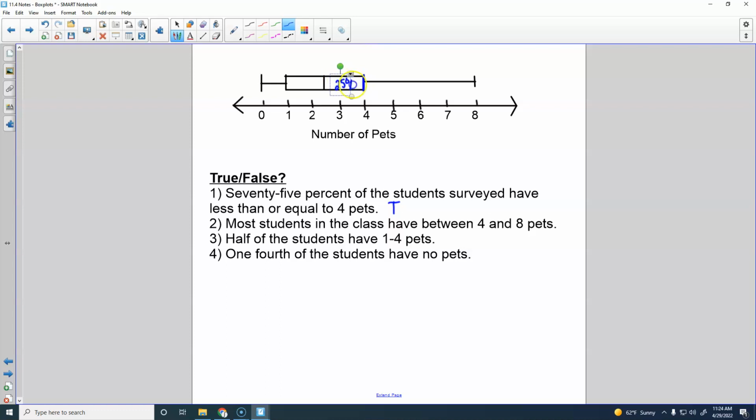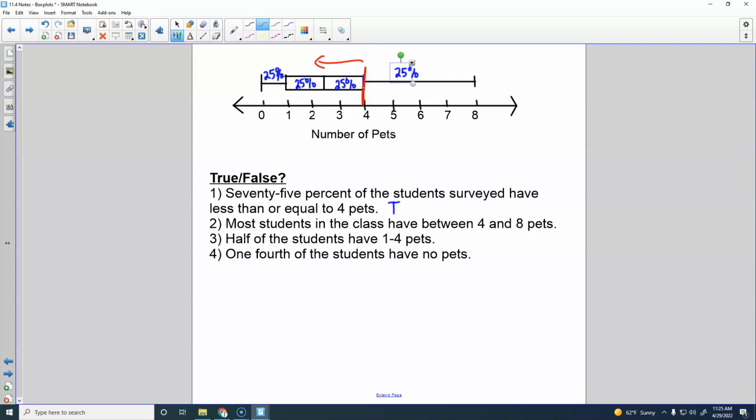So you got 25% in this part of the box, 25% here, and 25% here. 25% here as well. But we are looking at 4 and below. Right? So if we add those 3 pieces together, we got 75% of our data. This is also our third quartile right here. And the third quartile is going to give you 75% and below.